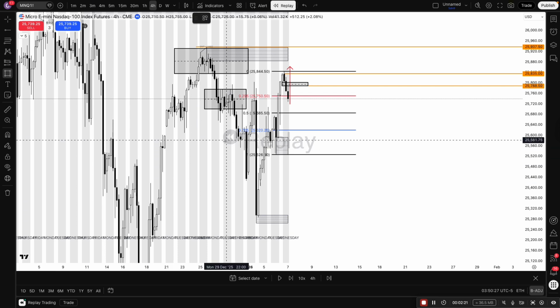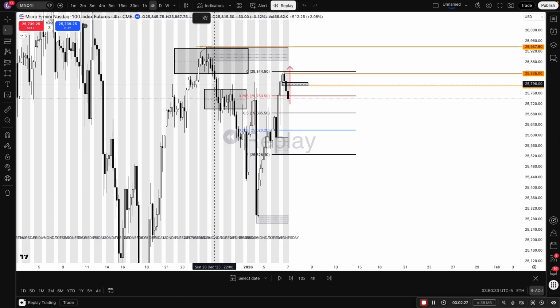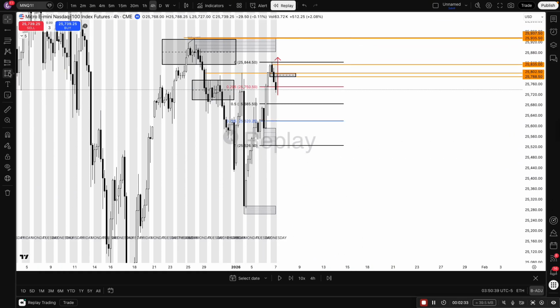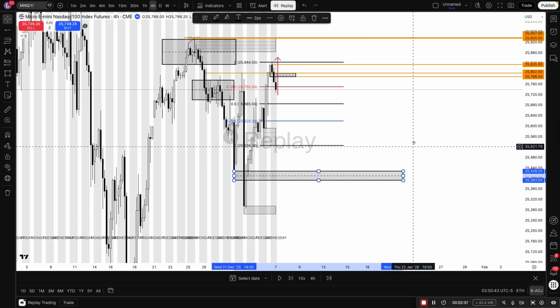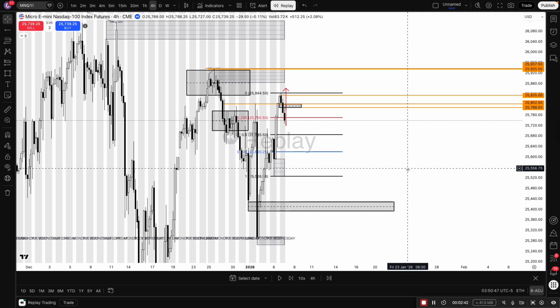This actually kind of counts as an accumulation zone, but we'll just say for the sake of it, this is not an accumulation zone. And we leave sell side liquidity here and sell side liquidity here. We then have a manipulation that is moving price higher. So I'm thinking this market maker buy model.